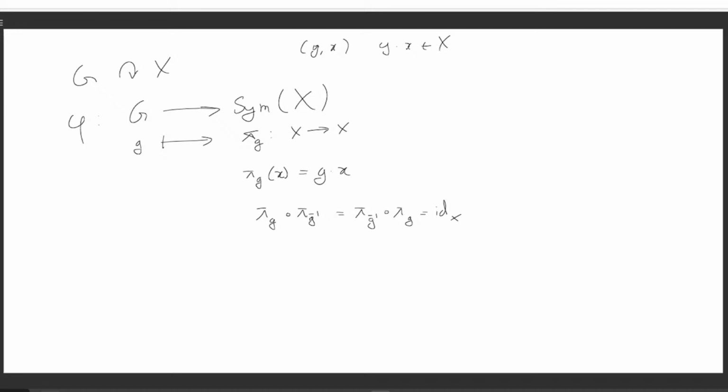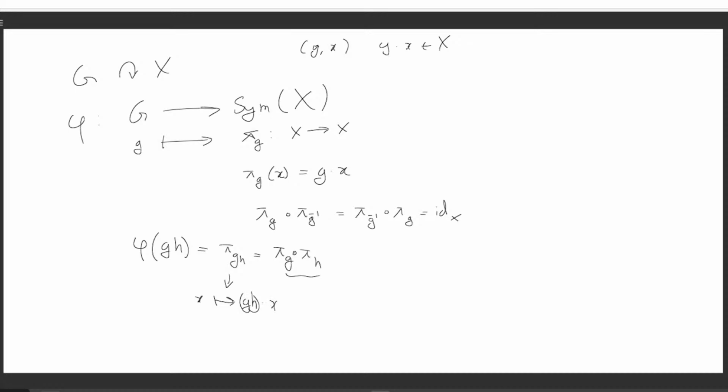Is this mapping phi a homomorphism? Yeah. So observe that if you take phi of gh, this is pi gh. That's in fact pi g composed with pi h, because gh does what? It maps x to gh dot x, correct?